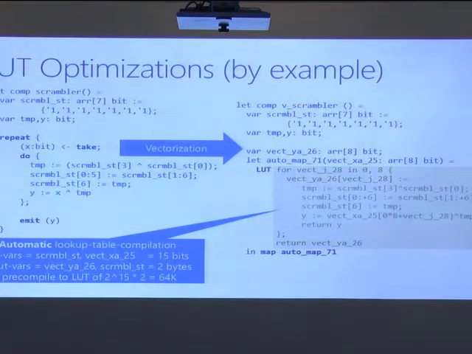For each 8-bit element, we calculate this formula, which involves this temp, this scrambler state, and this other variable. We can look at all the variables, and this is what the compiler does.